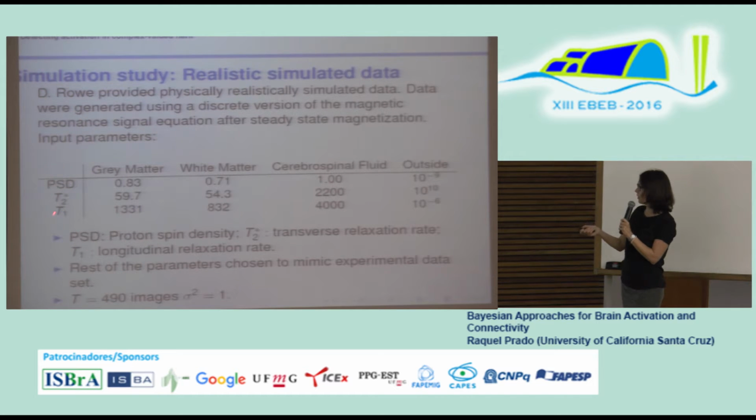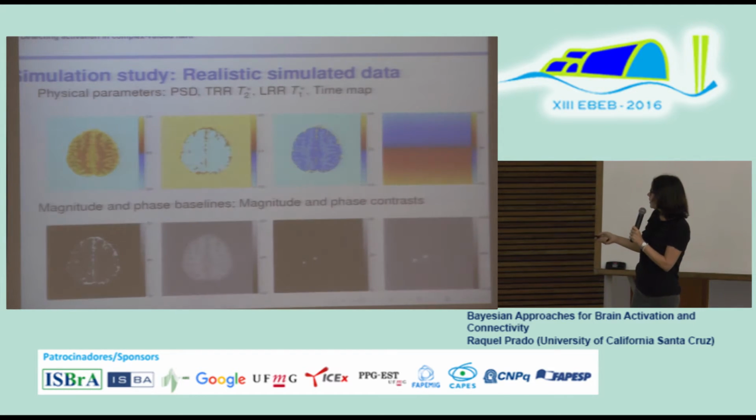All three of these parameters are the ones that go in the equation. Then they add noise and generate those signals, and in pictures, they combine these images that come from the physical model, and you obtain these as your magnitude and phase baseline.